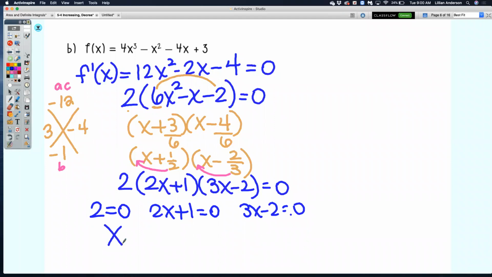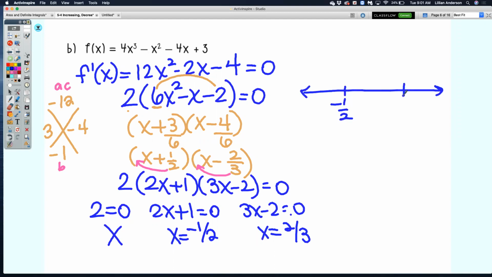But over here, at this 2x plus 1, you'll get x is equal to a negative 1/2. And over here, you get x is equal to a positive 2/3. Those are going to be the values you're going to put on your sign diagram, aka your number line. I do use those two words interchangeably, so please don't get confused if I use sign diagram or number line. They're the same thing.